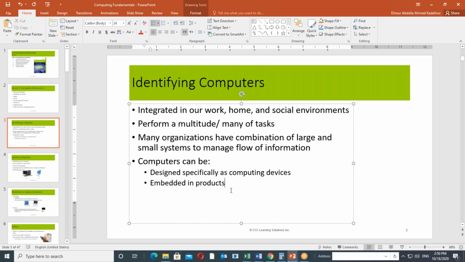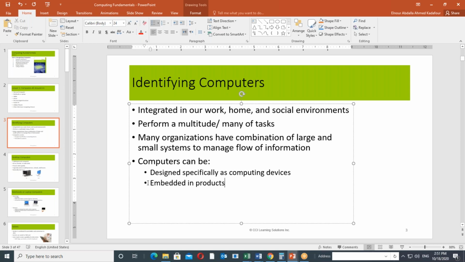Another example, the oven. Everybody knows. Is this a computer or not? Simply, it is a device having a computer system inside it, because I will adjust it for a certain degree of centigrade, and whenever I start it, the time will be counted down till we reach 0, then it stops.